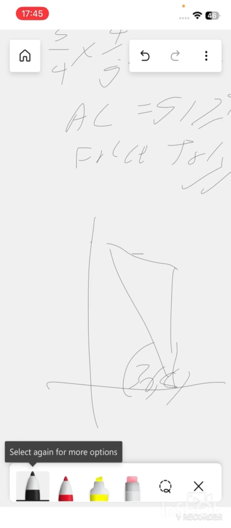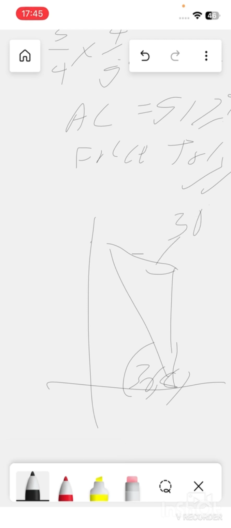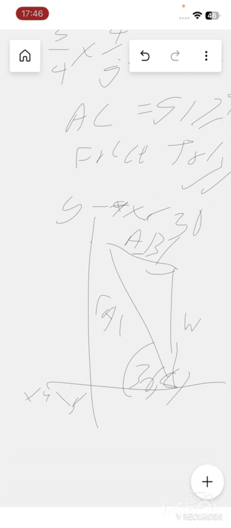Here we have angle 30. This is the y-axis. This is the x-axis. This is the force of AC. This is AB. This is your W.